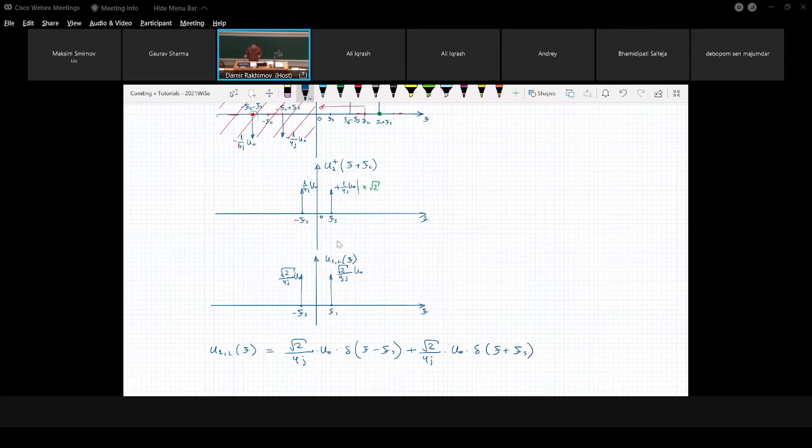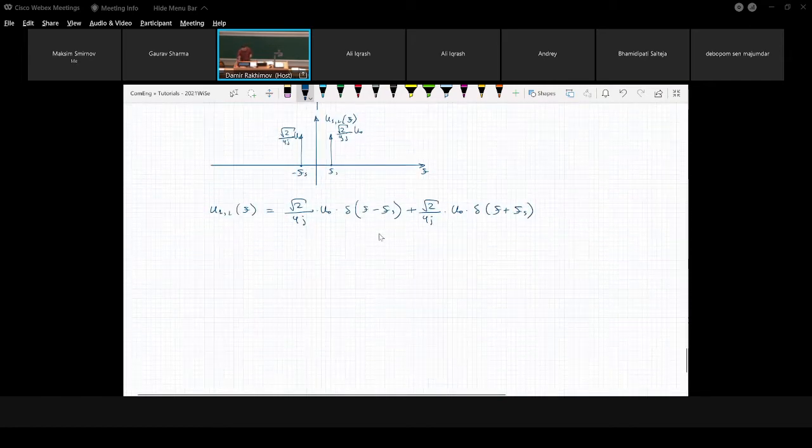Now we need to find the signal in the time domain. You can calculate the Fourier transform for each delta pulse separately, but we don't do it. We just write the result directly, because you see that you have two delta pulses with positive magnitudes. What's the inverse Fourier transform of this? Cosine function.